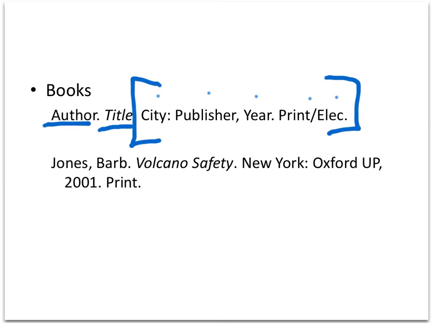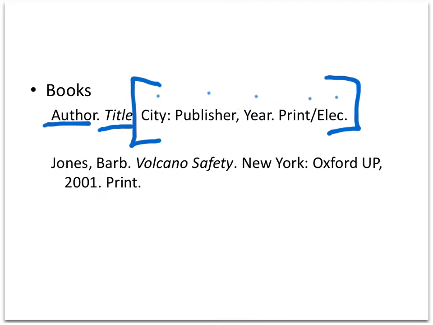Something to note that you'll probably encounter in your research is this UP abbreviation, both capital letters. The UP abbreviation simply stands for University Press. So now we need a comma, so we have our comma here, and we need a year.